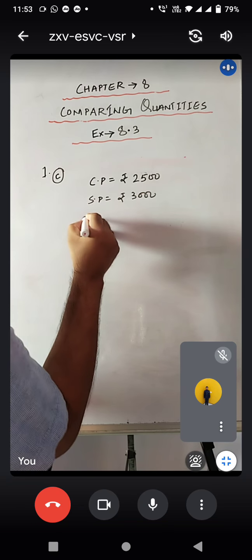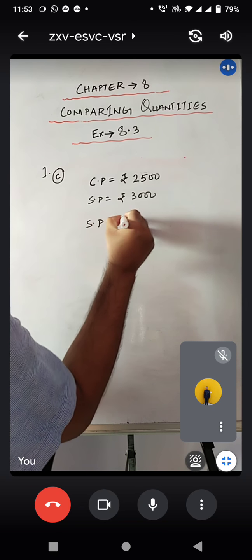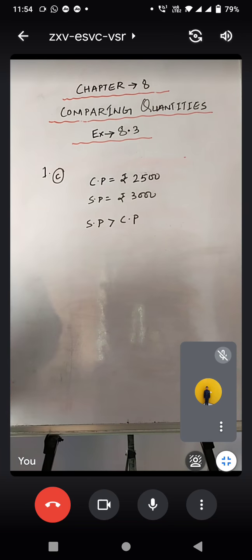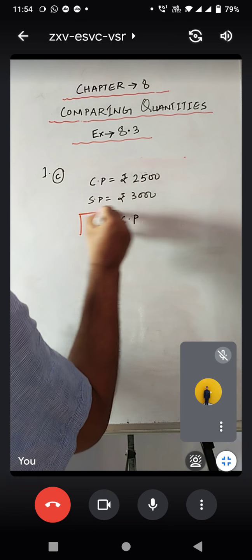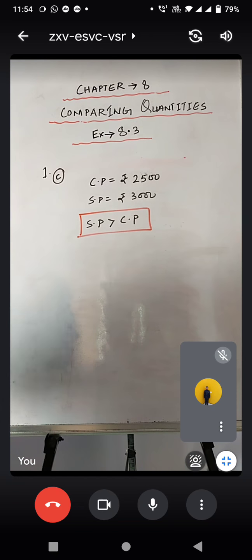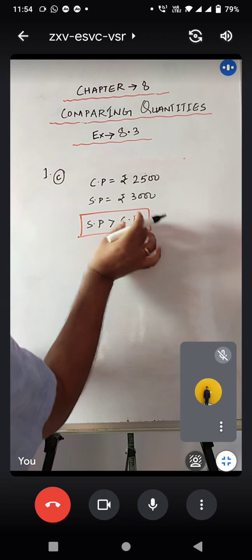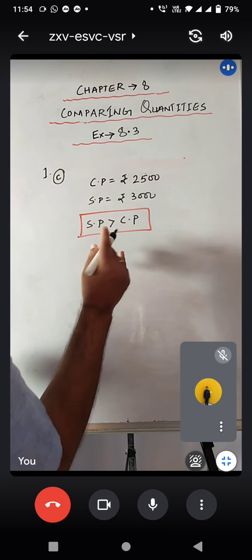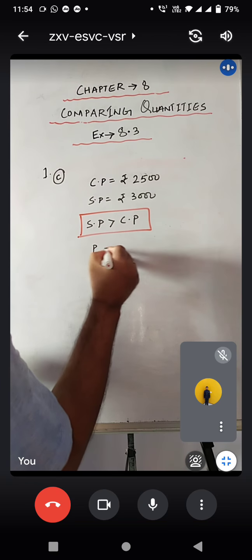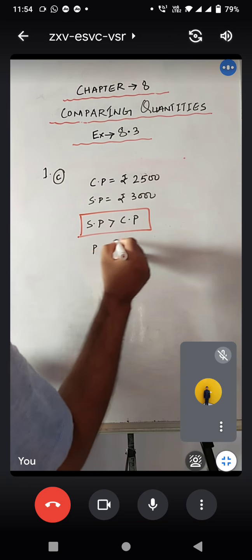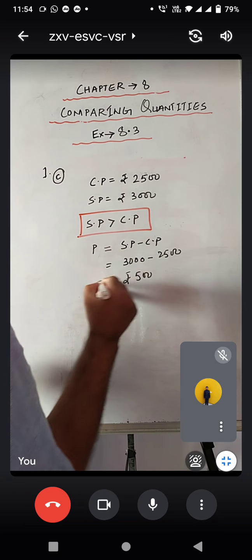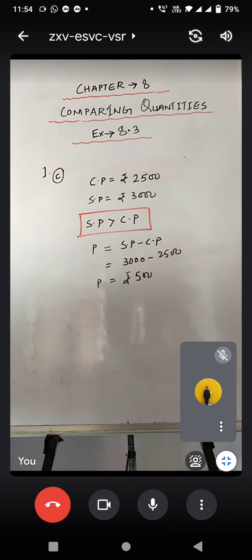Again we see that SP is greater than CP, so we'll make a profit. We'll write the short form of profit this time, P equals SP minus CP. So SP is 3,000, CP is 2,500. So our profit is rupees 500.